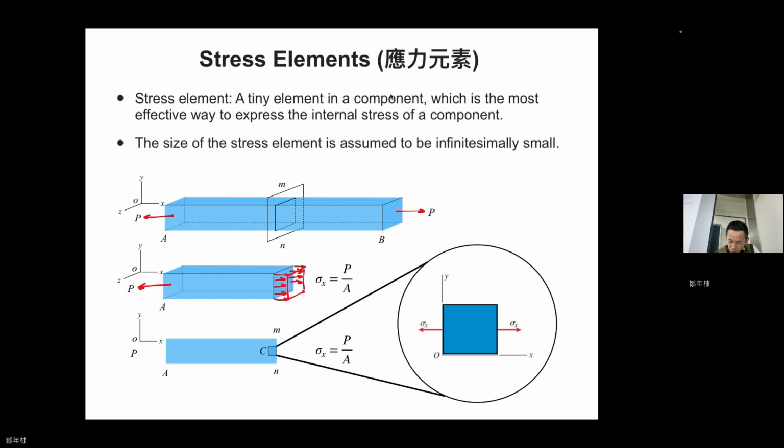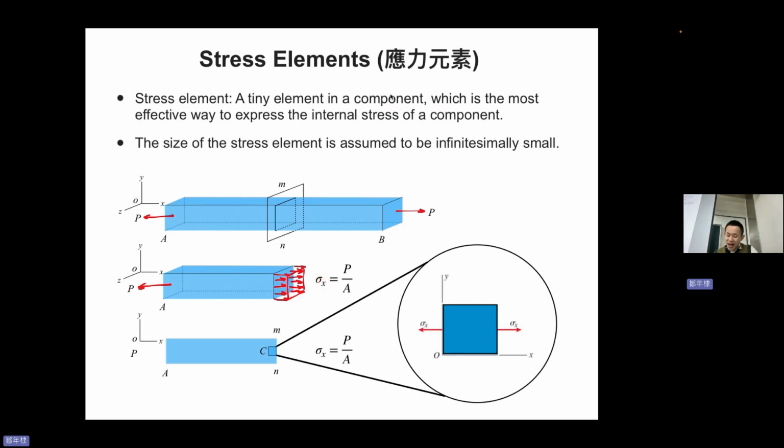Remember I talked about this uniform because it is far away from the concentrated load, so it makes the force flow uniformly. So you can see here, sigma x is equal to P divided by A. Now I give the x here.